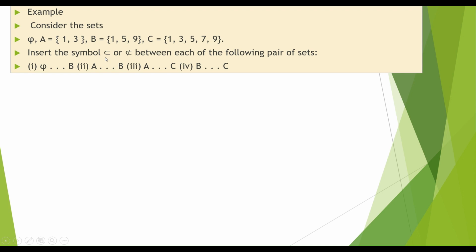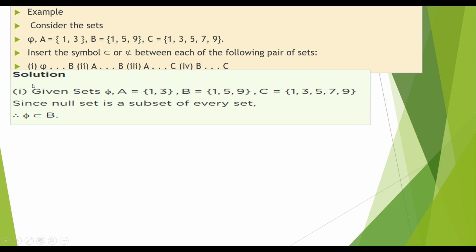Insert the symbol subset or not a subset between each of the following pairs of sets. First, we compare the null set and set B. The null set has no elements. Since the null set is a subset of every set, the null set is a subset of B.